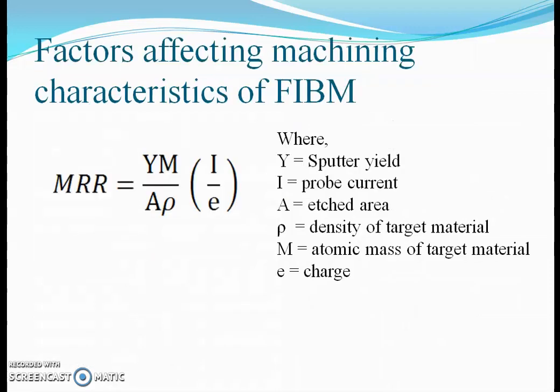Then what are the factors affecting the machining characteristics of the FIB process, or what is the material removal rate formula? Means how much amount of material is removed. Then there are various parameters.